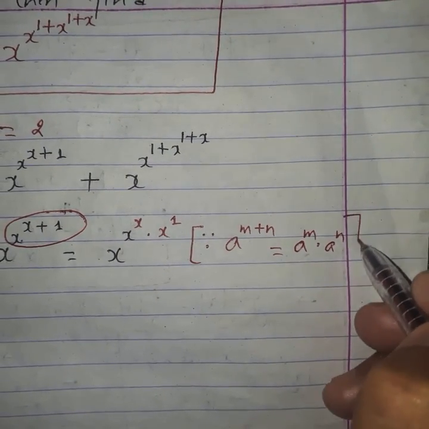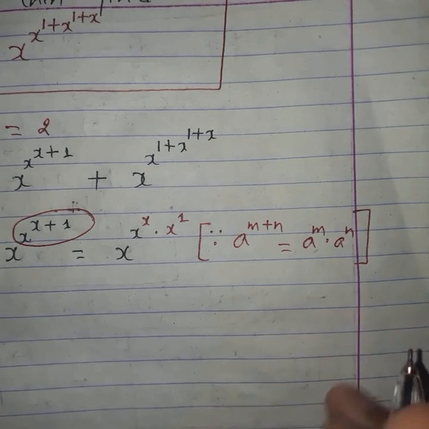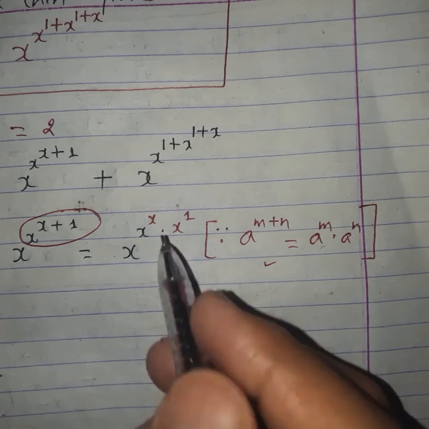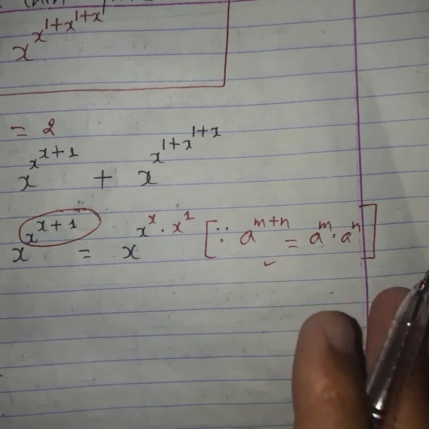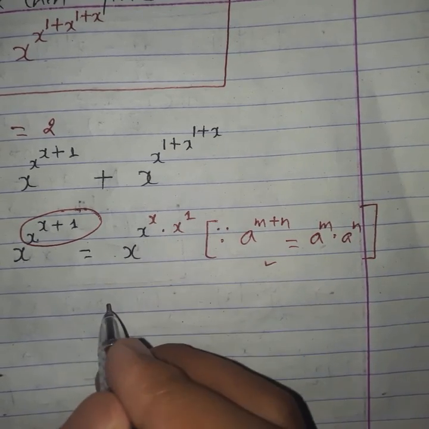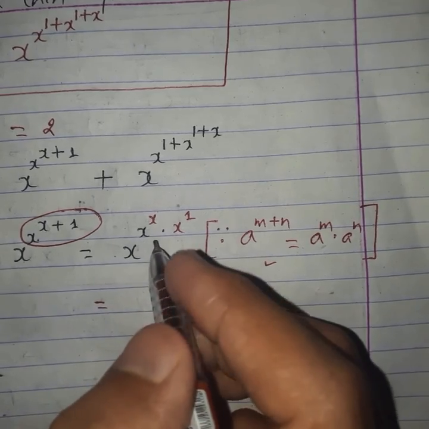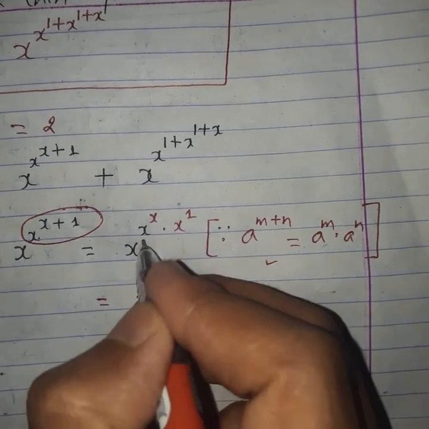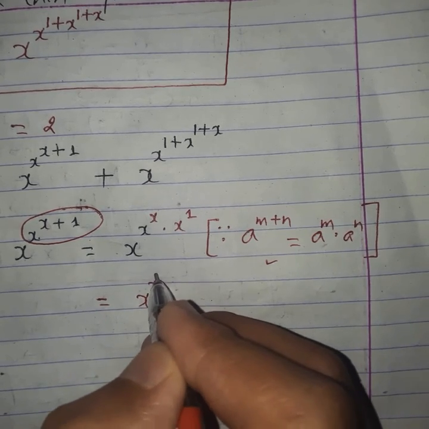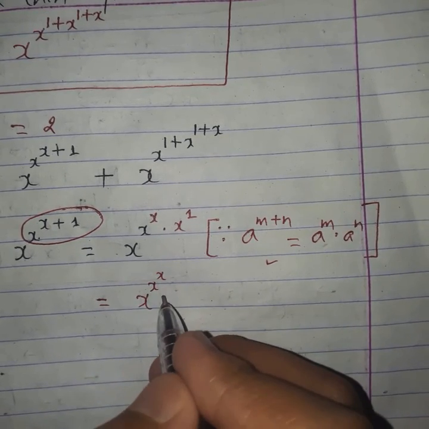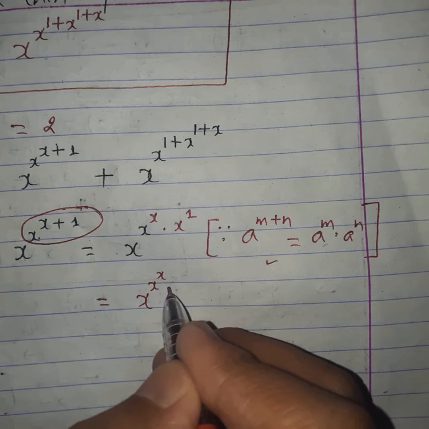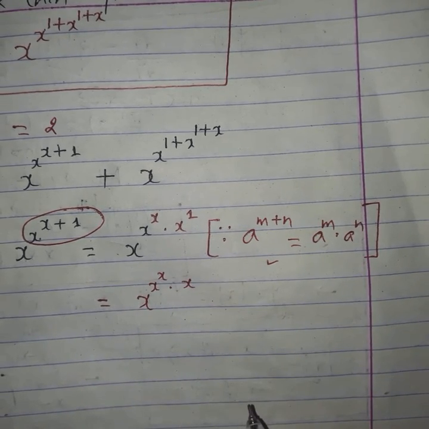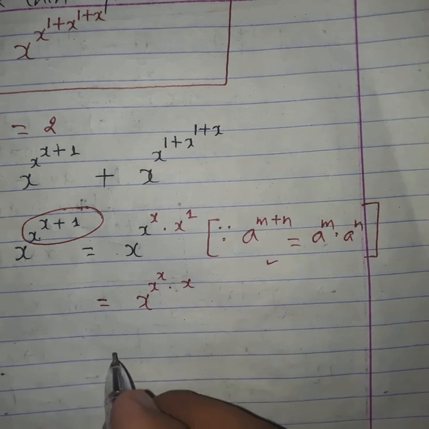Please remember this very important rule on the exponents. So this can be simplified as x to the power of x, again x to the power of x times x to the power of 1, which is just x.